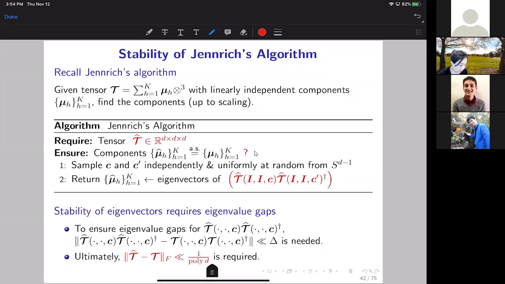Ultimately, by some kind of analysis, you would see you need the Frobenius norm of the error in T hat to be upper bounded by 1 over some polynomial of the dimension. Of course, I didn't do the analysis here, but this is the final result. My takeaway message here is that the Jennrich algorithm is not very error tolerant. So we wanted to find some other algorithms to do tensor decomposition, especially error tolerant ones.